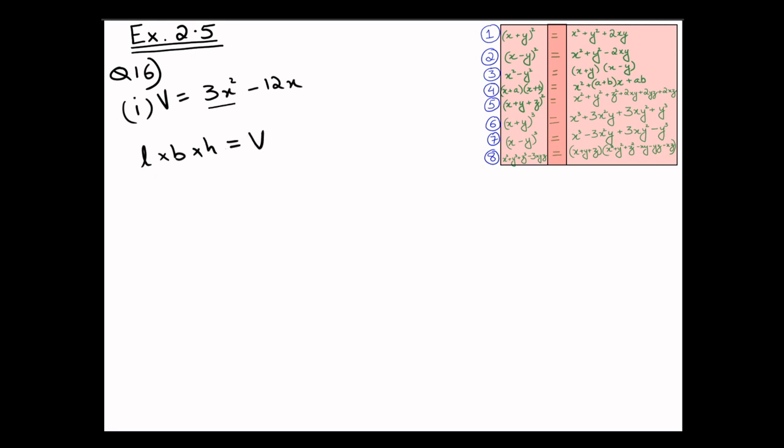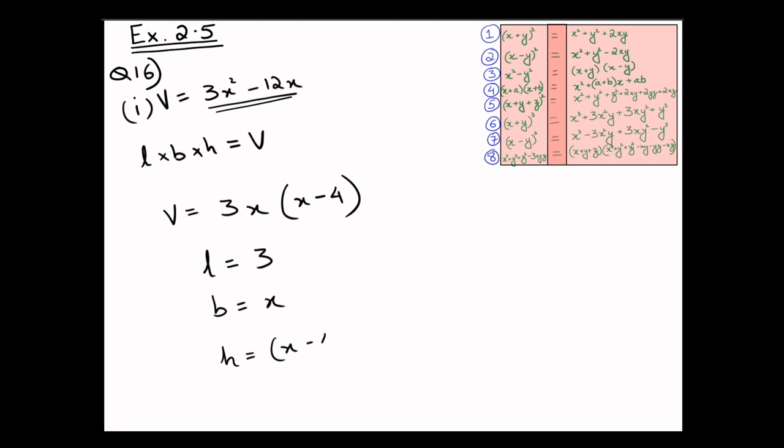So essentially what we need to do is take this volume equation and factorize it to get three different factors, and that could be a possible solution. So over here, we can take 3 into x common and we get x minus 4. And now just visually inspecting this, one possible solution is length is 3, breadth is x, and height is x minus 4. That's one possible solution to this question.